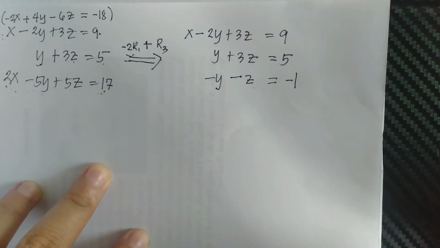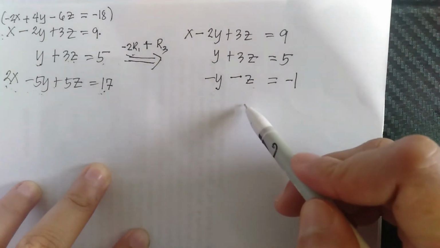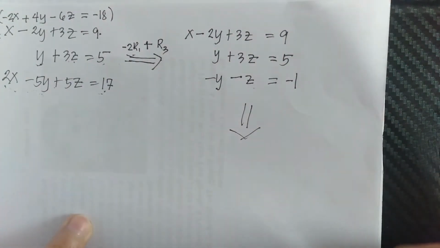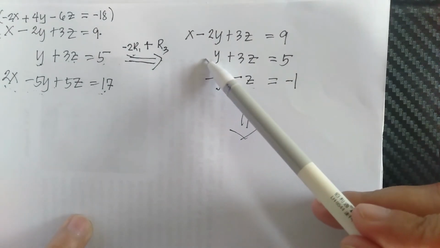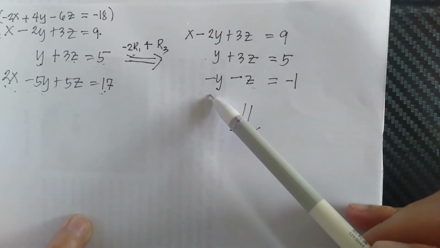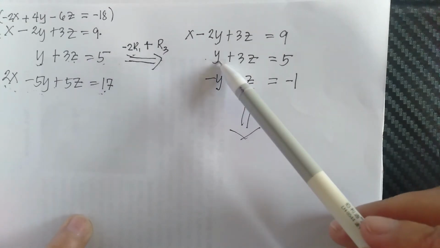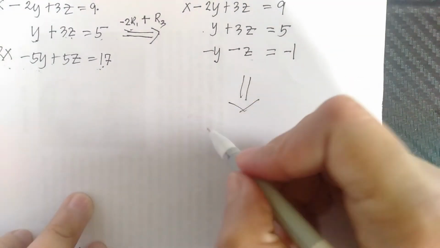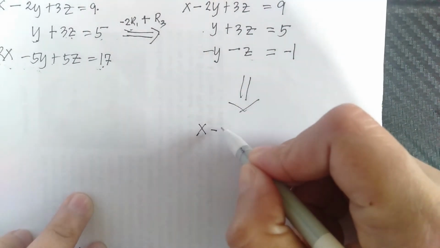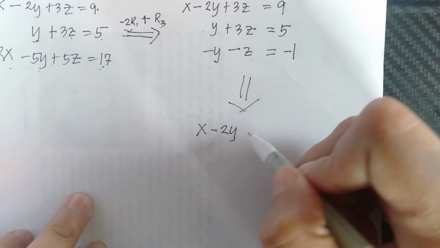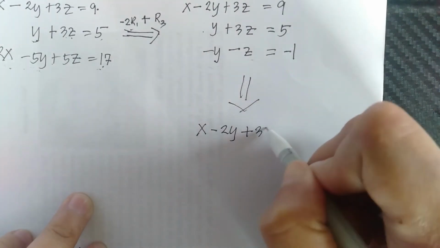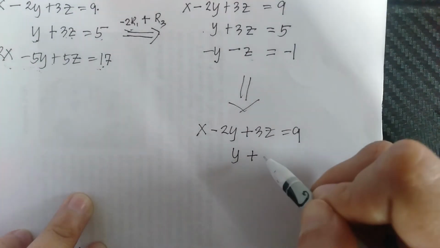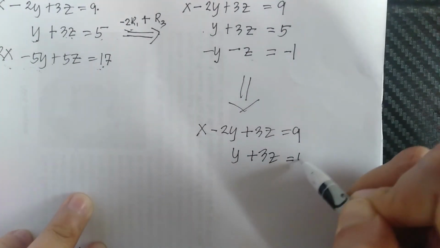So for another transformation, since we're not yet done, we will use R2 and R3. We can add R2 and R3. Again, let us copy the first two equations since they are already in row echelon form.